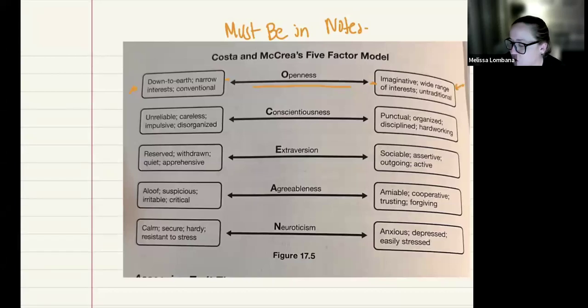Then openness on the other end is more creative, imaginative, untraditional. Conscientiousness: the lower end is unreliable, careless, disorganized, tend to be more impulsive. Over here, they tend to be more punctual, very organized, disciplined.